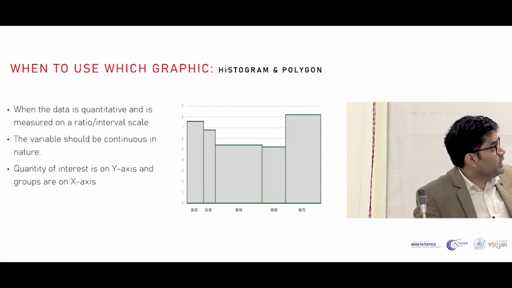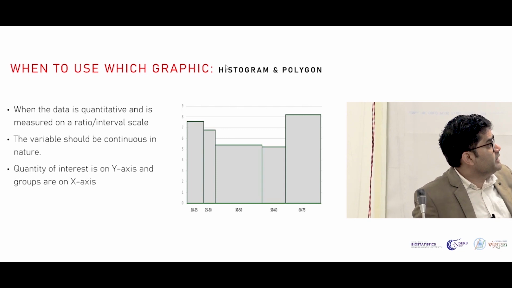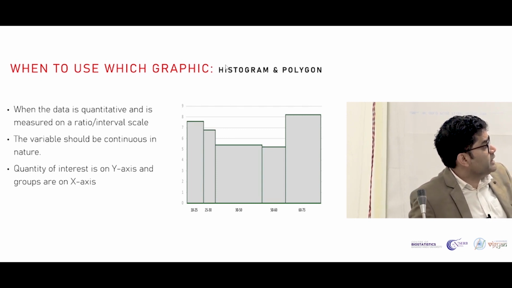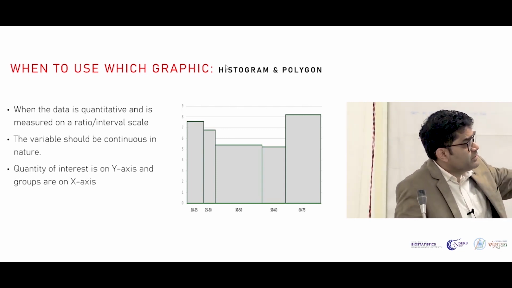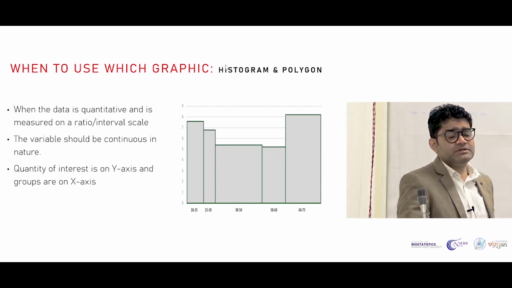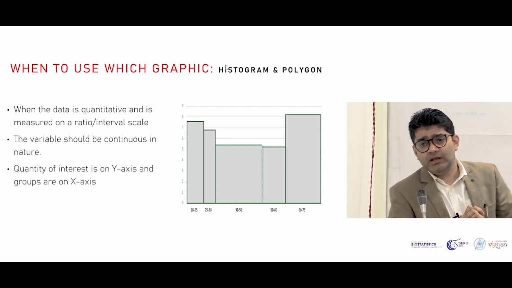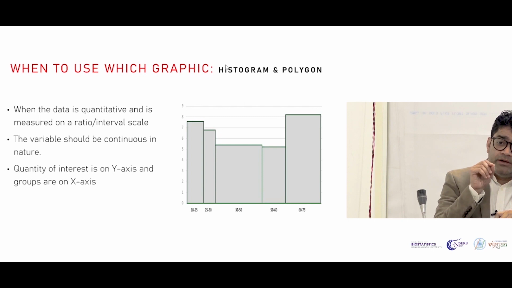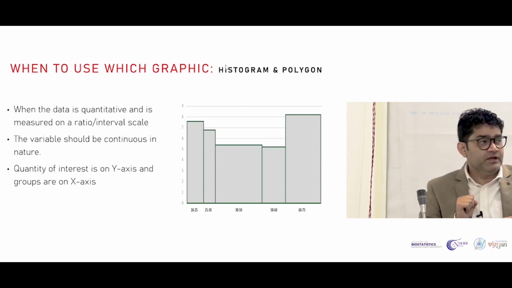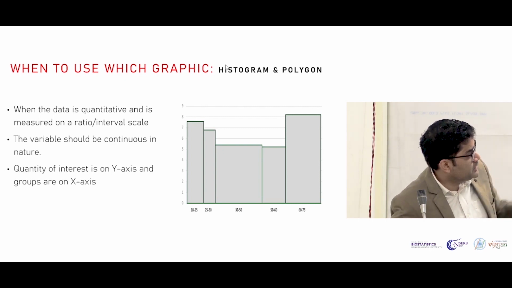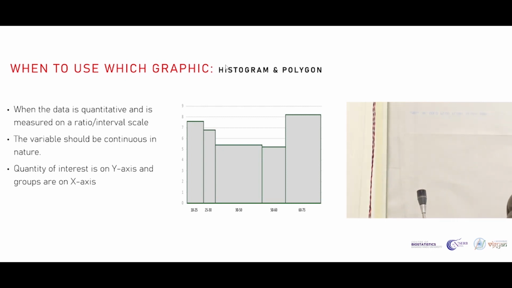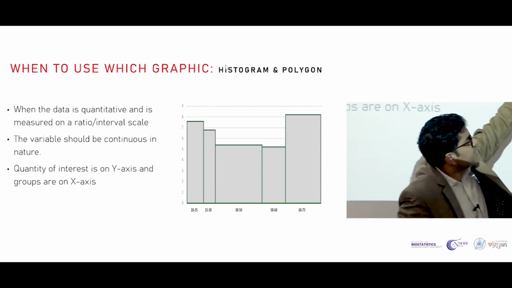So when the data is purely quantitative in nature and the variable is continuous, we are making a histogram. Histogram is a very important diagram. Why? Because it is an initial point which is giving you the idea about the distribution of the data. If you look at this, you can see that in the data set more or less values are around 5 and 7.